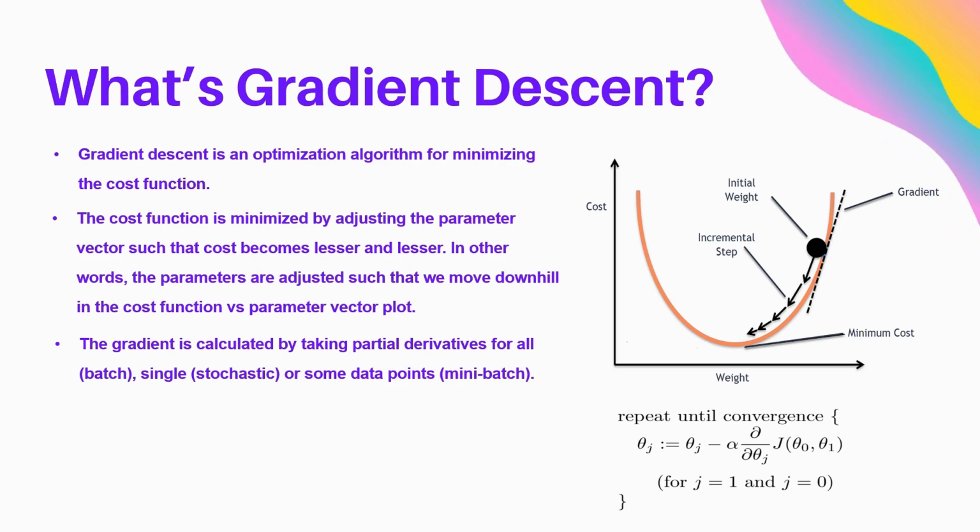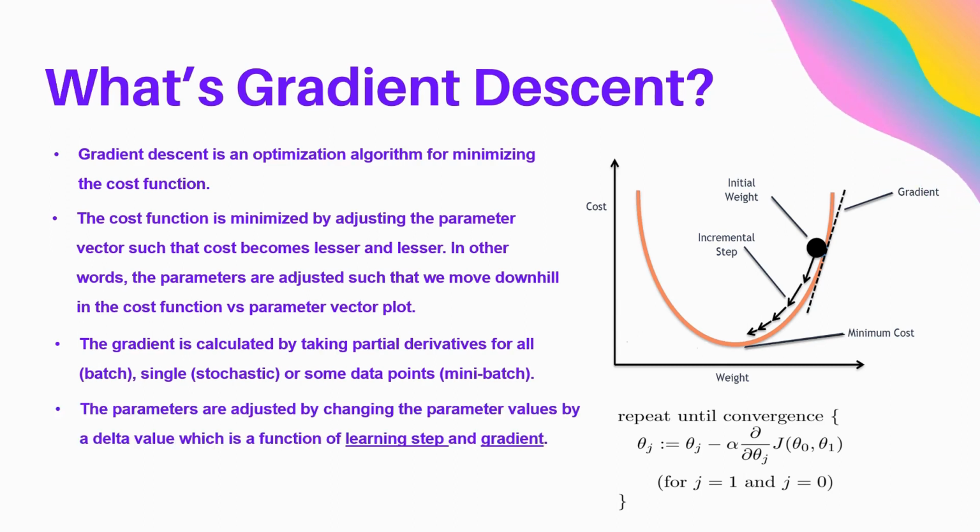Then we subtract the value of this product from the existing value of the weight vector. This is how the values of the parameters are adjusted. We then take the number of iterations and continue to adjust the parameters for those many iterations. This is what is called the gradient descent algorithm.